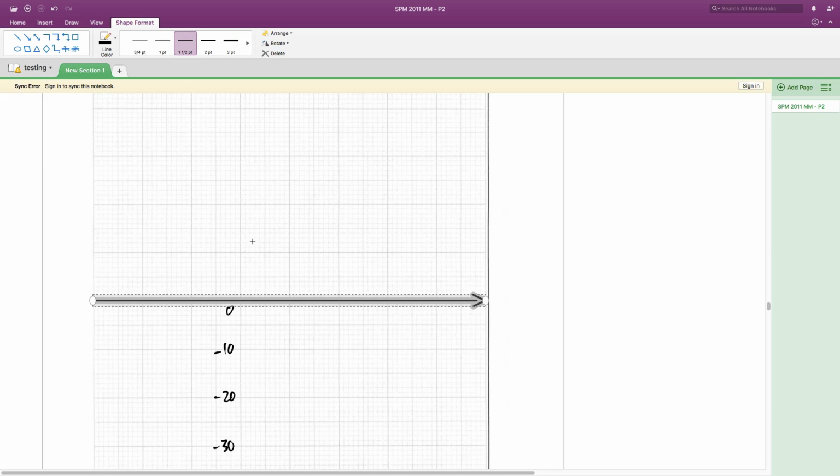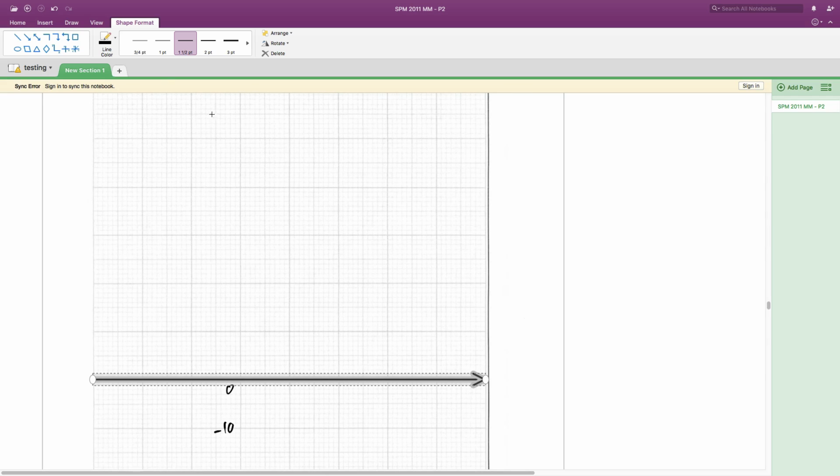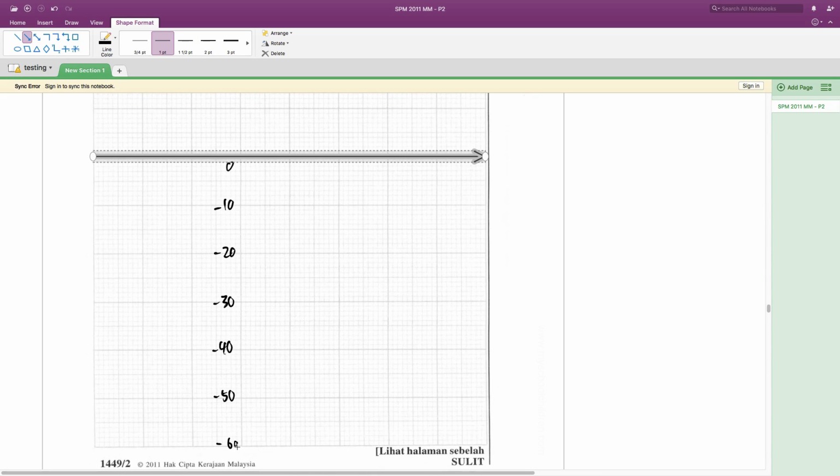Just like this should be good. And then I will draw my y-axis. But why does my line look so weird? Okay, let me see. Change it to 1. The line color is black. It's good. Shape format. Okay, just ignore the ugly line. Okay, then I will draw my y-axis as well.